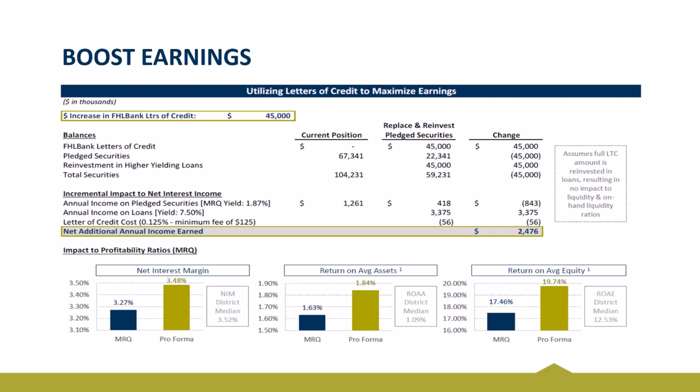At the end of the day, the net additional annual income you would have earned is $2,500. And again, that doesn't include the savings and allocation of time you use for monitoring the market value of those securities, and instead allocating that time to generating new loans or deposit strategies to lower your overall cost.